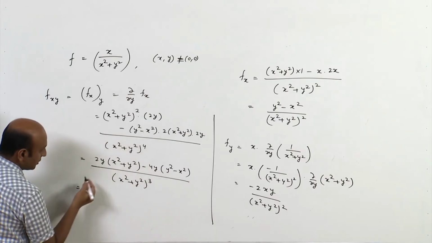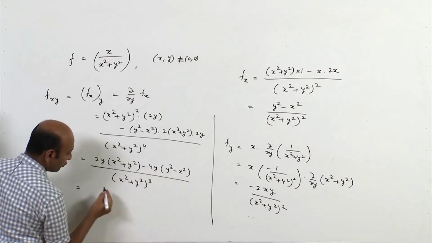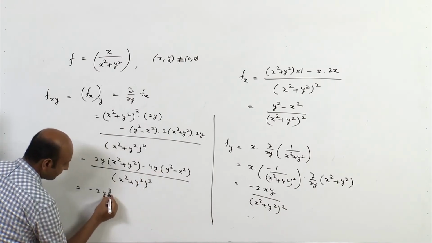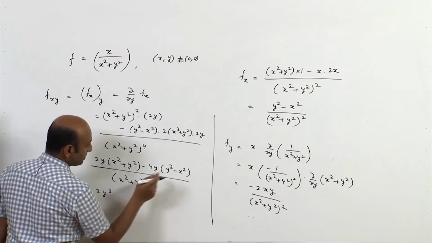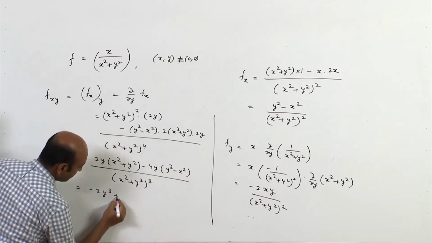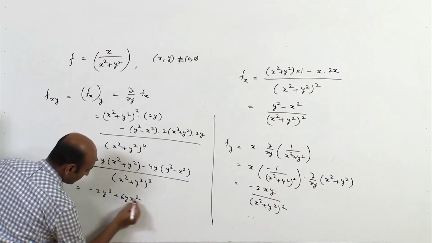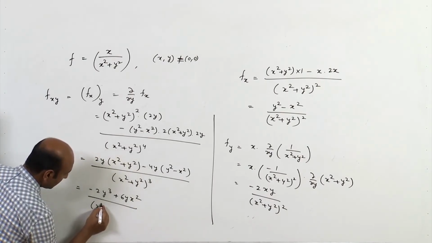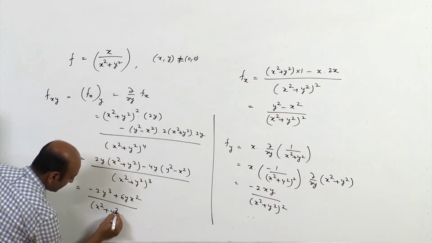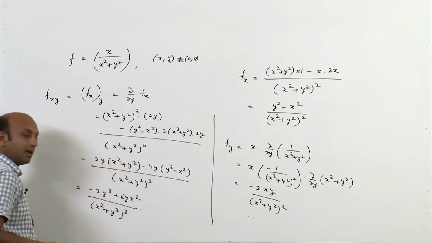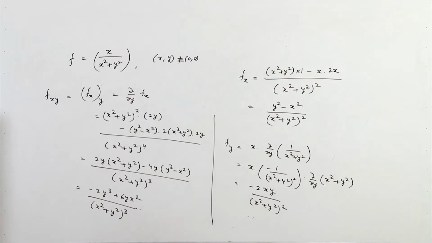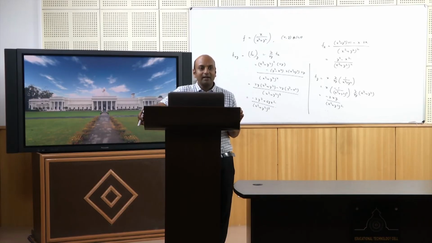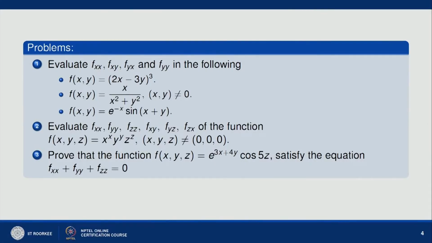So, this is 2y cube minus 4y cube, that is minus 2y cube, and it is 2y x square, minus minus plus 4y x square, that is plus 6y x square upon (x square plus y square) whole cube. And similarly, we can find fyx. So, that is how we can find fxx, fyy, fxy or fyx.